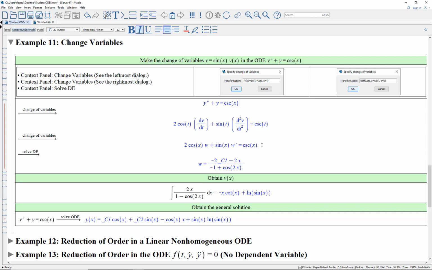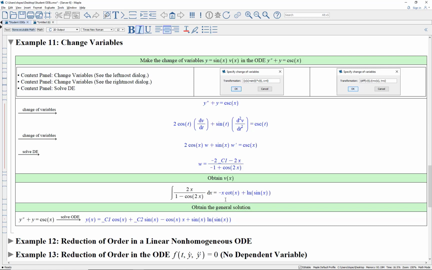You just call for a solution of the dE w. V is then the integral of W, and I have set this constant to 0. So this is the integral I have to evaluate, and this is what I get. And if you look here at the solution of the original differential equation, the piece here is the particular solution.